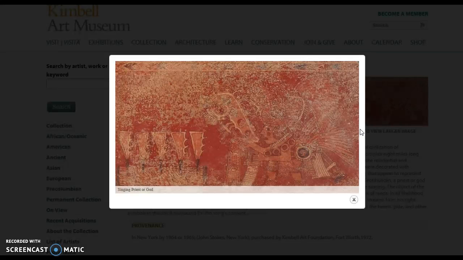Both the residential and ceremonial structures in the Teotihuacan culture were characterized by slope and panel, which means there are platforms and then raised sections, and were decorated with frescoes.